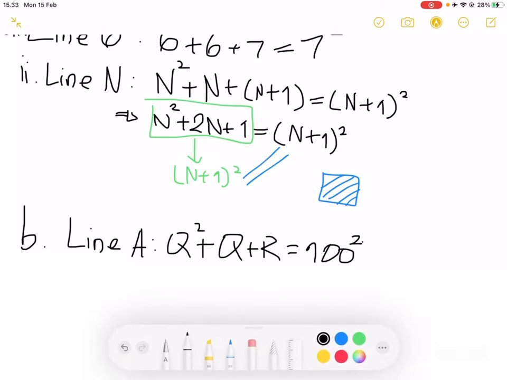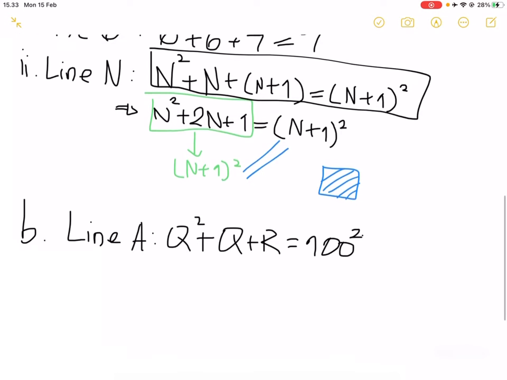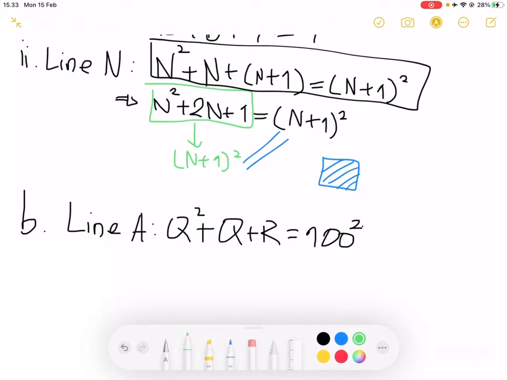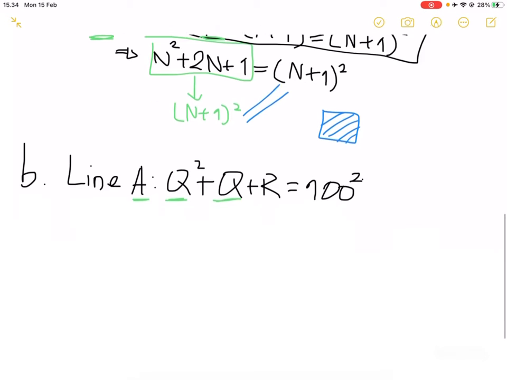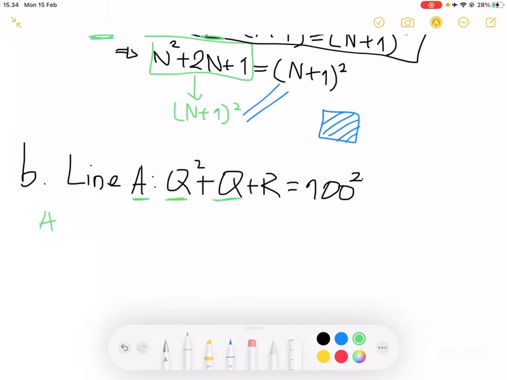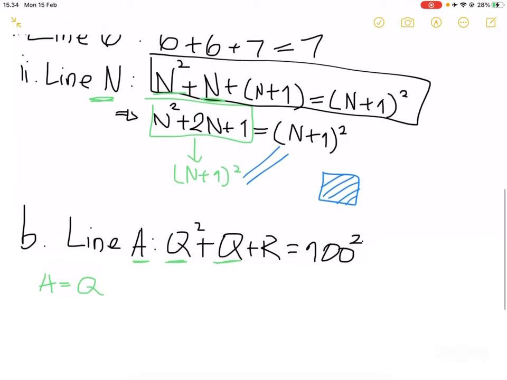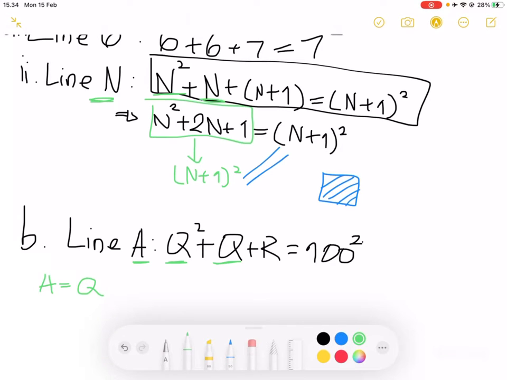And using our quote-unquote formula for this, we know that this n corresponds to this n and this n. Therefore, A must be corresponding to this q and this q. And from this, we know that A must be equal to q. And then we also know that this n plus 1 is a number above n, same as this r is a number above q.